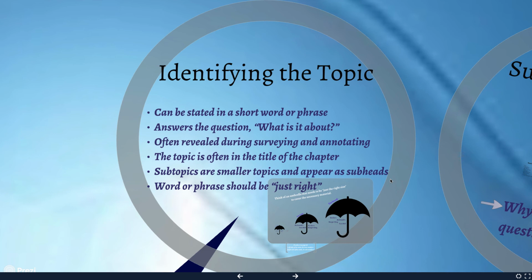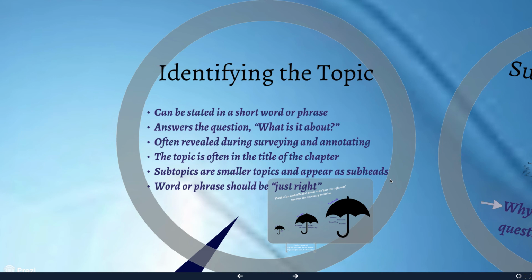Often it's revealed during survey and annotating, which we'll look at a little bit later. The topic in a textbook is usually the title of the chapter. There are always subtopics or smaller topics that appear as subheads. But it's important that you know that a topic is just a word or a phrase.